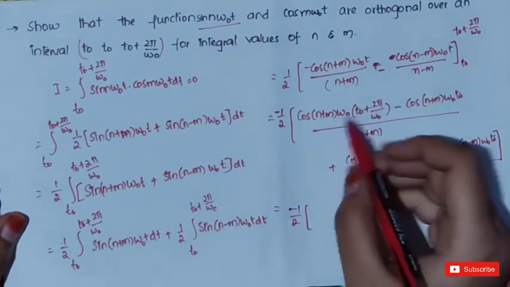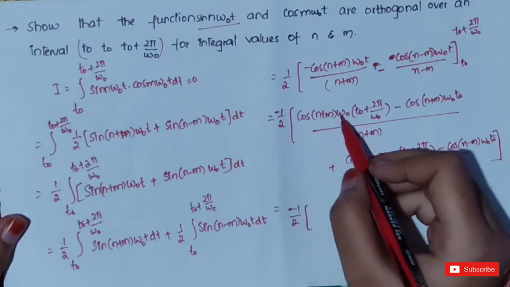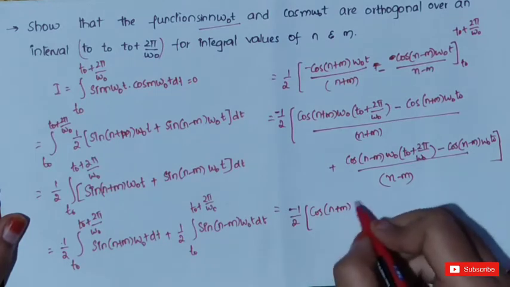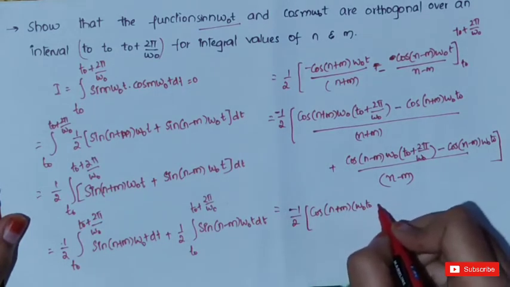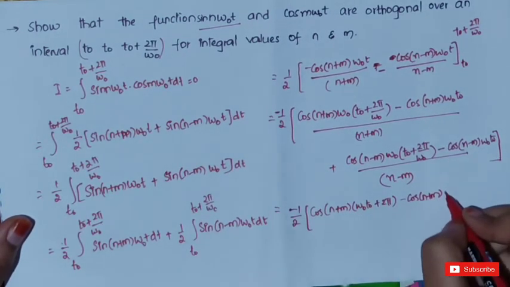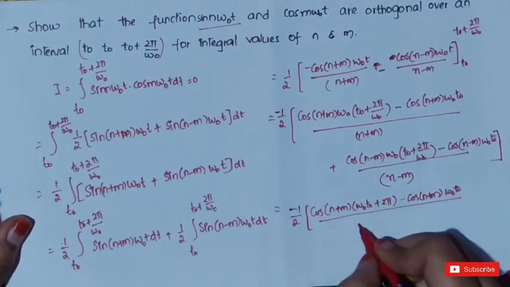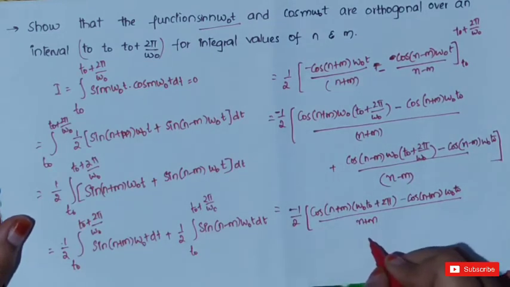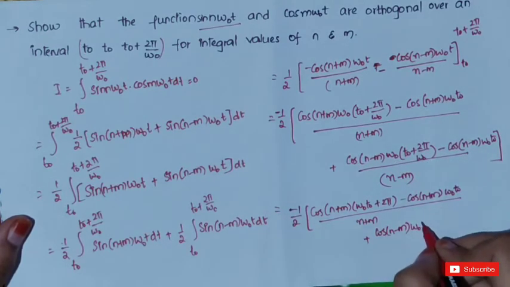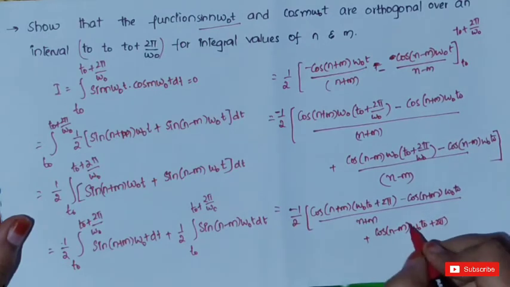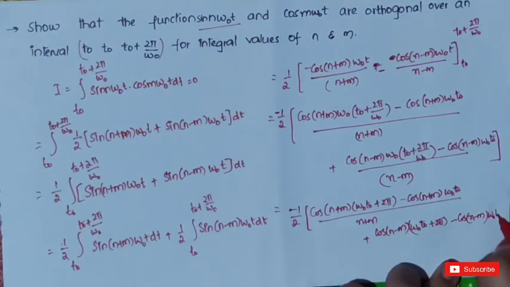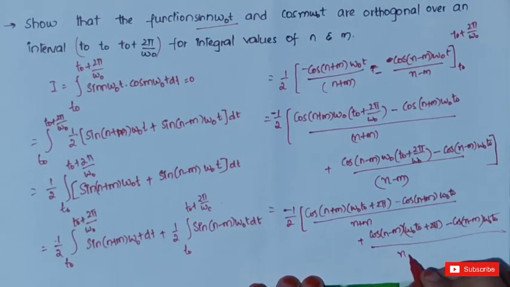Minus 1 by 2 into cos of (n plus m) omega naught t naught plus 2 pi, minus cos (n plus m) omega naught t naught, by (n plus m), plus cos of (n minus m) omega naught t naught plus 2 pi, minus cos (n minus m) omega naught t naught, by (n minus m).